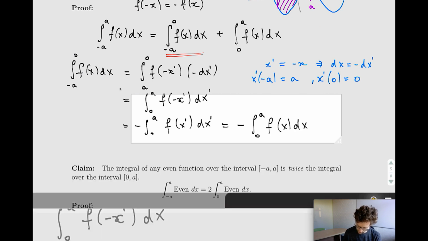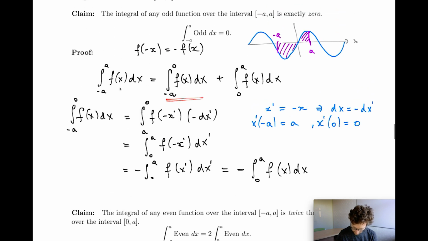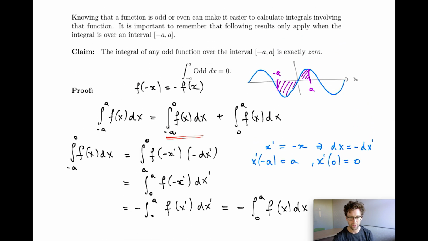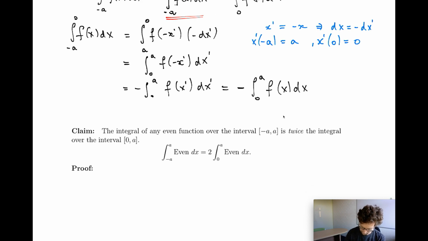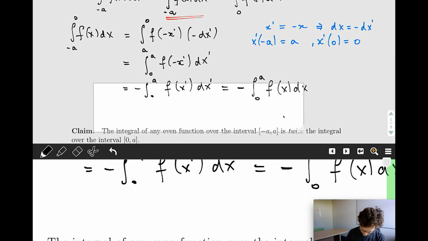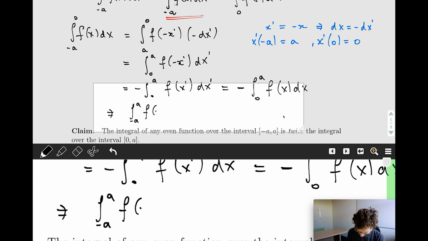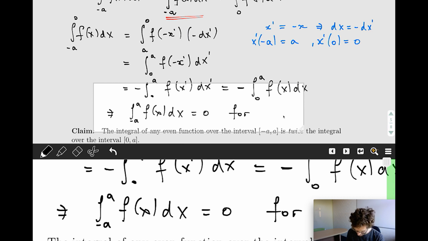The fact I've called it x prime rather than x doesn't change anything. So you can see that this expression here will be exactly minus this expression here, so these two things will be 0. So the integral from minus a to a of f of x dx equals 0 for f of x odd.